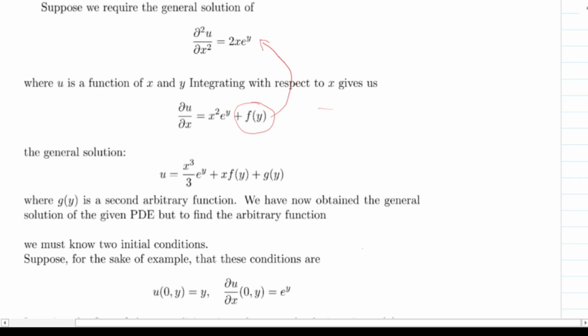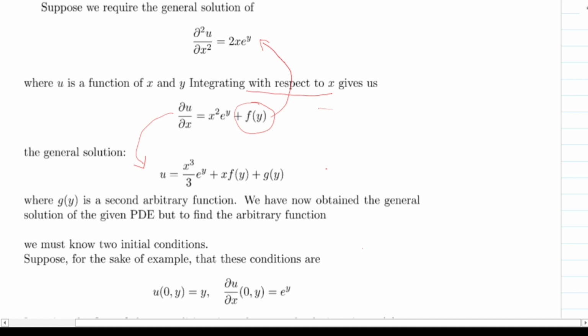In other words, we can remember a thumb rule, which may not be a correct one, but you can think about this. When you integrate with respect to x, you put the arbitrary constant as f of y. Now you integrate this function again, you will get u = x³/3 e^y + x f(y) + g(y).